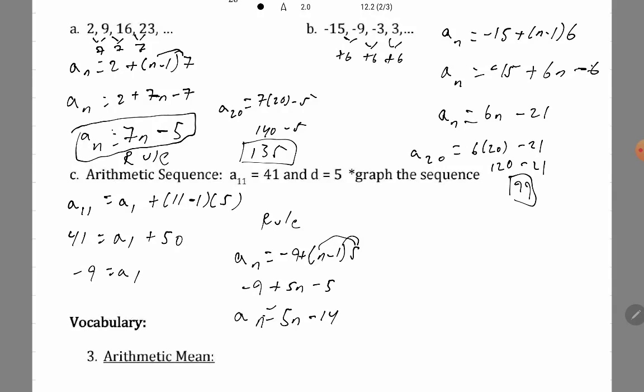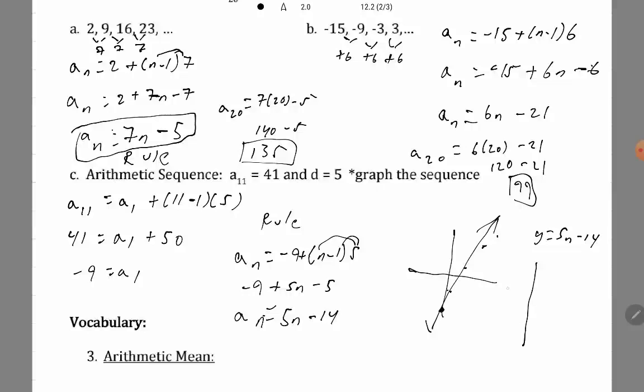And then they just want us to graph. So I create this here. We're going to start at our y-intercept. My equation is y equals 5n minus 14, so I start off at negative 14. I'm going to go up 5 over 1, up 5 over 1, up 5 over 1, up 5 over 1, and hopefully you get a straight line.